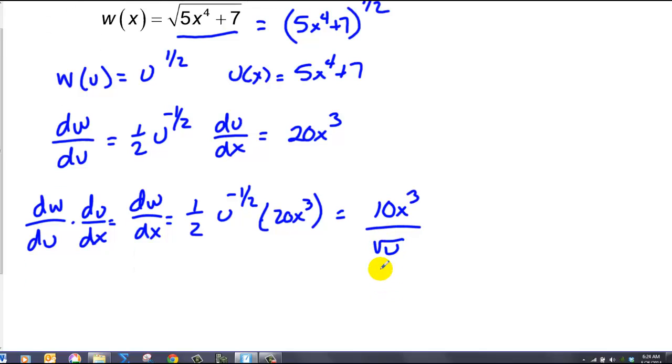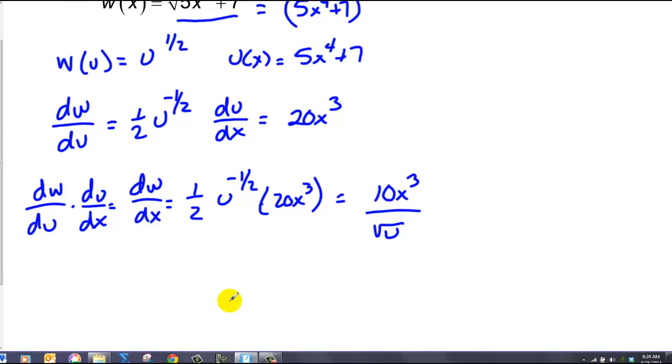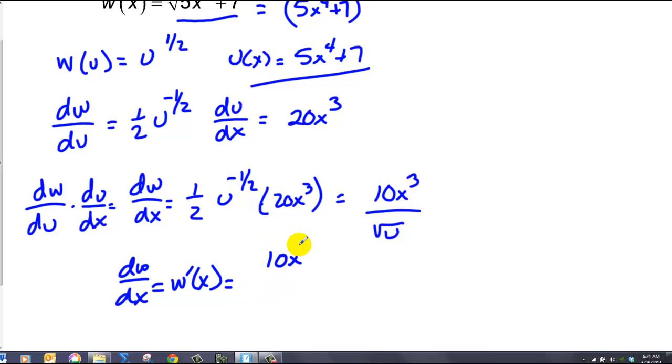And now we'll make our substitution for u. We knew that u was equal to 5x to the fourth plus 7. So dw dx, or w prime of x, is equal to 10x cubed over the square root of 5x to the fourth plus 7. We're going to leave it like that rather than rationalize.